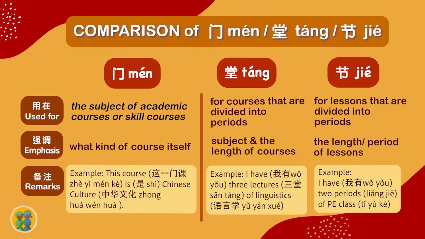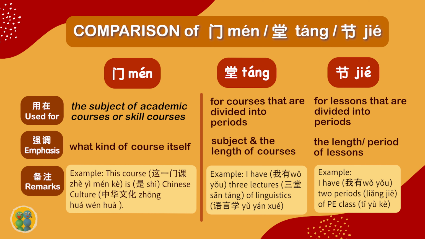So lastly, let's compare 门, 堂 and 节. 门 is used for the subject of academic courses or skill courses. 堂 is used for courses that are divided into periods. And 节 is used for lessons that are divided into periods.